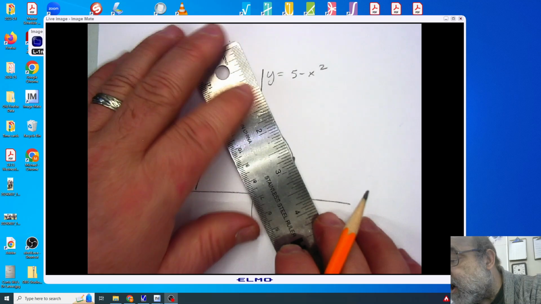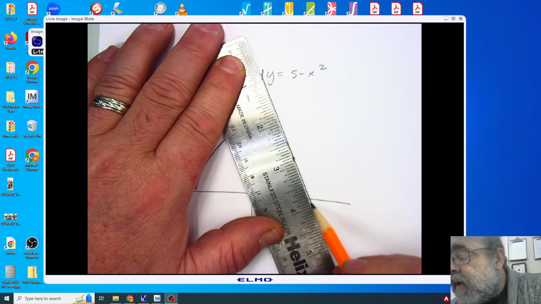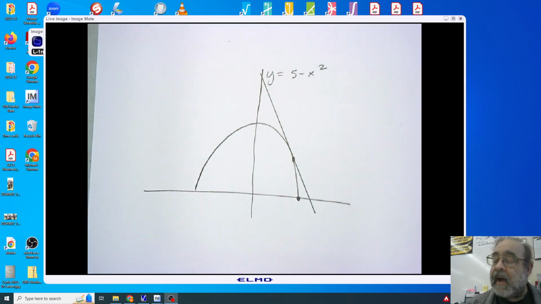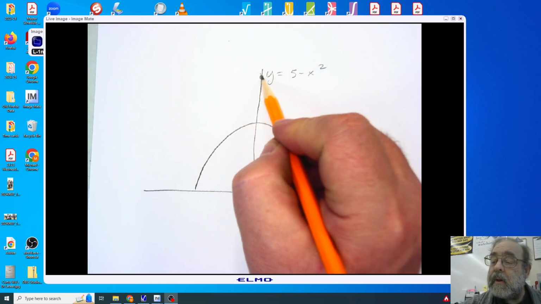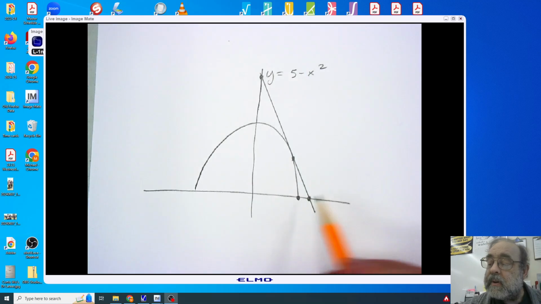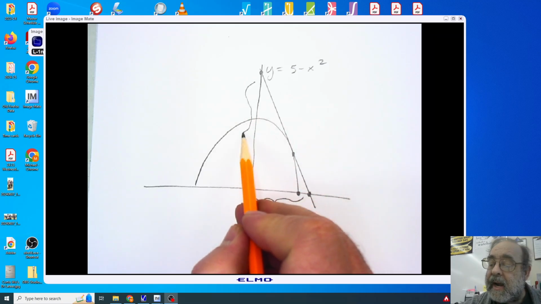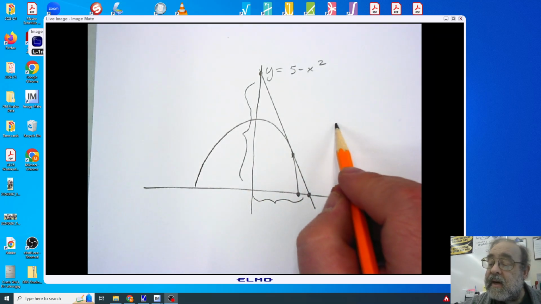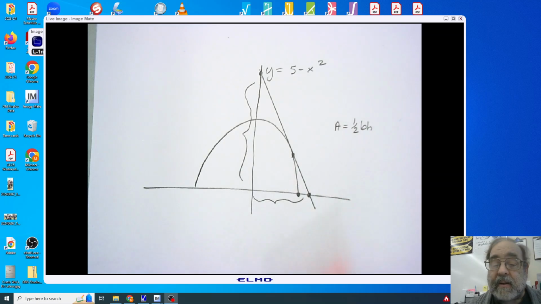Well, there's (2, 1), and there's the triangle that they're talking about. So I need to find my y-intercept and my x-intercept, which will give me my height and base respectively. I can then take the area equals 1/2 base times height.